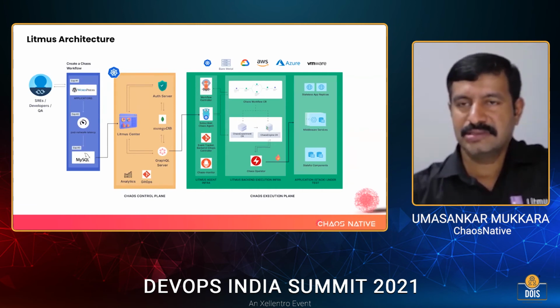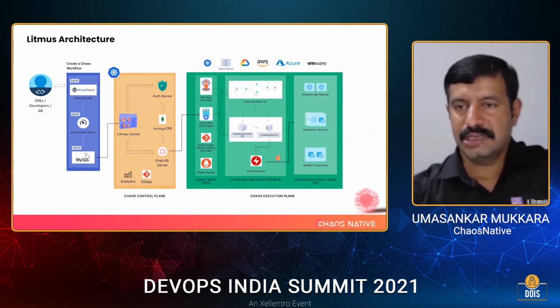Once the chaos experiments are run, whatever is there in that chaos workflow, you are going to get the results and metrics back onto Litmus Center, which has Prometheus hooks to read the metrics and provide analytics in a good way to read what is the impact of my chaos on a given application, or the impact in terms of the chaos experiment's success or failure, right?